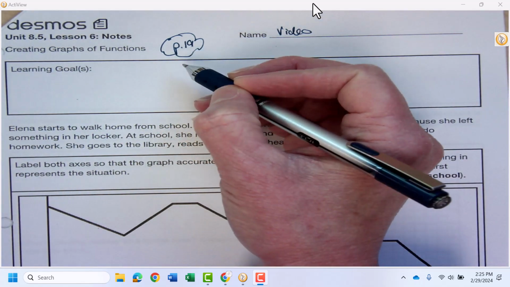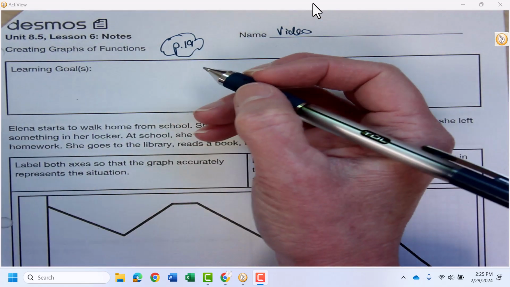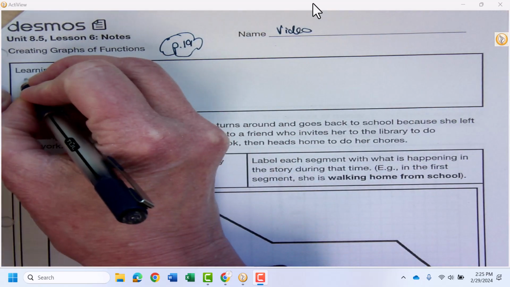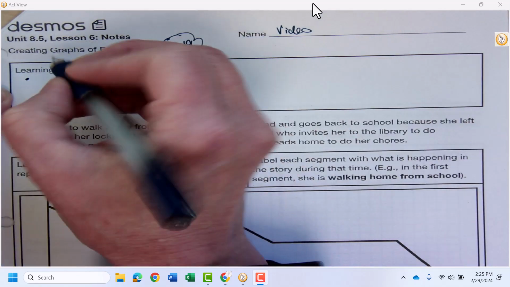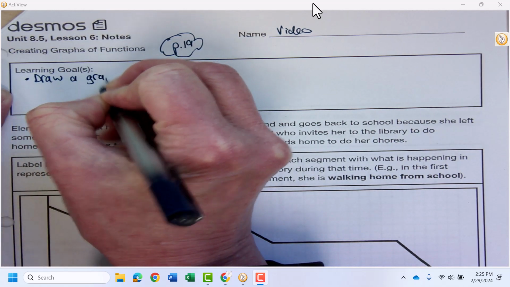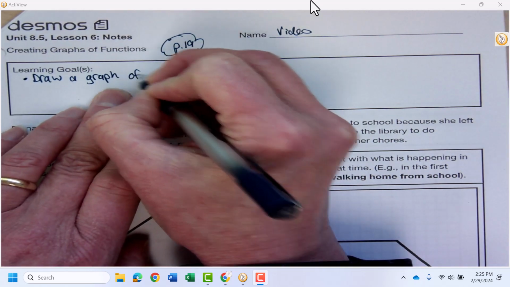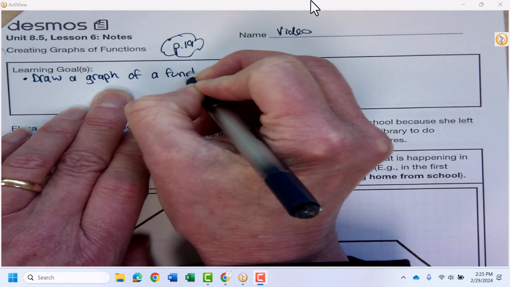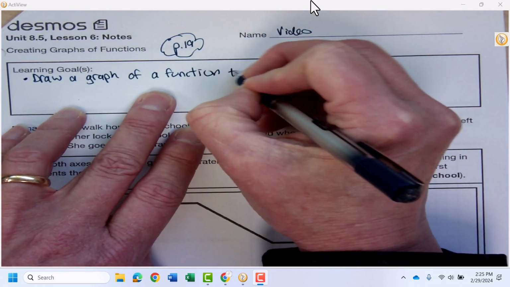We're on page 19, and our learning goals include drawing the graph of a function that represents a real-world situation. So draw a graph of a function that represents a real-world situation.